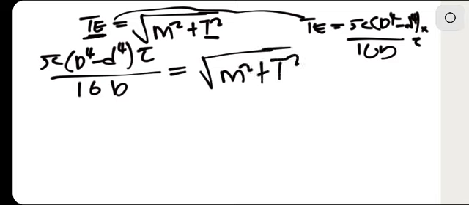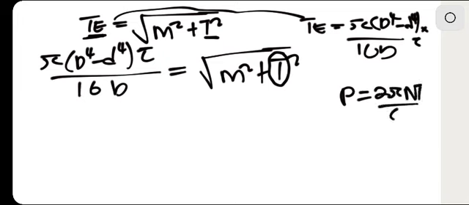The aim is to calculate that maximum torque, because also remember, power is equal to 2 pi N T, the maximum torque, divided by 60. We want this N there. All right, so let us find the torque now.